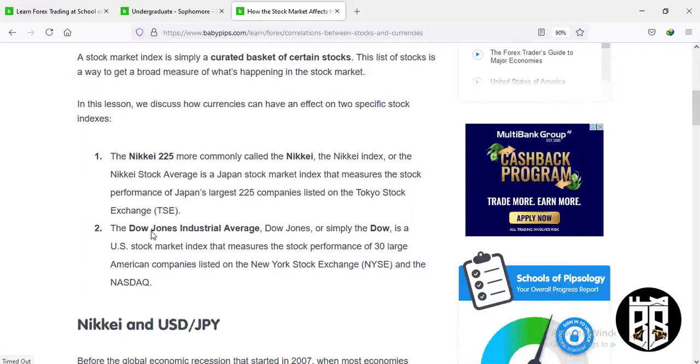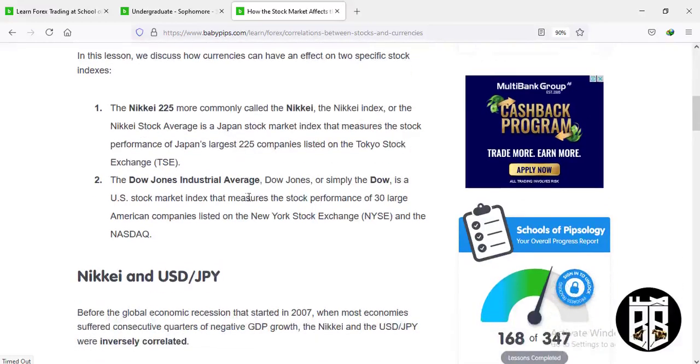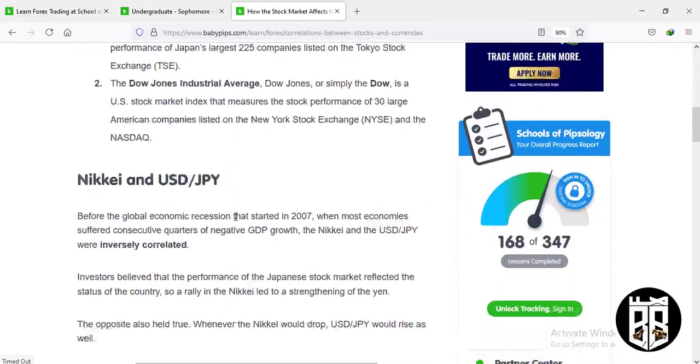The very first one, the Nikkei 225, commonly known as the Nikkei, is the stock average index of the Japanese stock market, comprising a list of 225 companies listed on the Tokyo Stock Exchange. Now the Dow Jones, simply the Dow, is a US stock market index that measures 30 large American companies listed on the New York Stock Exchange and Nasdaq.